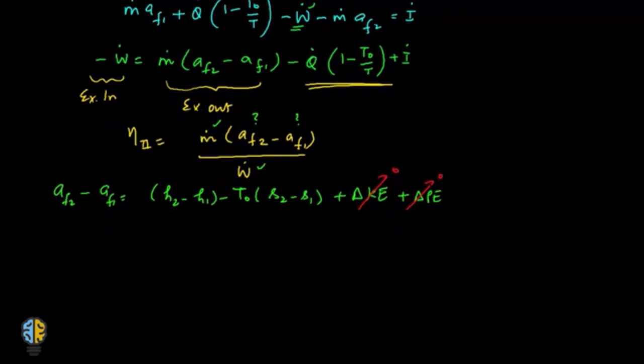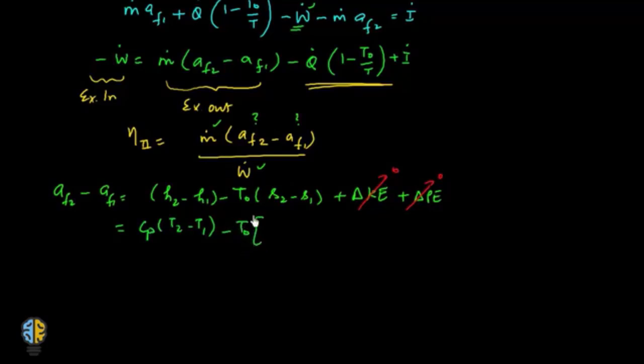So if you rewrite these values, H2 minus H1 we know is Cp T, so it becomes Cp into (T2 minus T1). Now T naught is a constant. So what is the value of Cp?